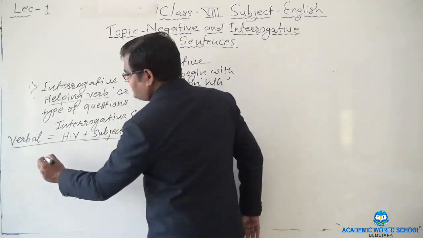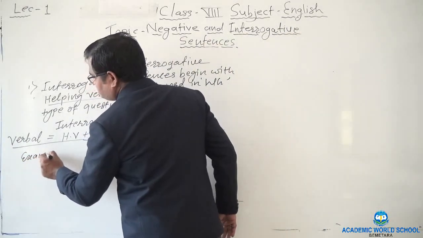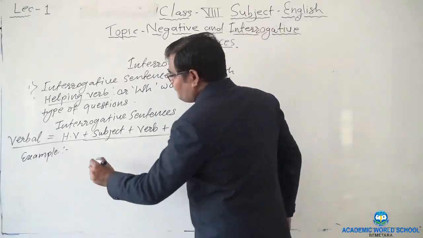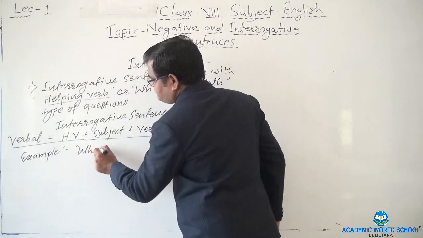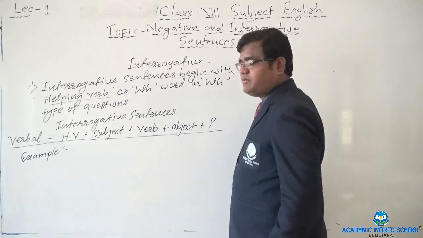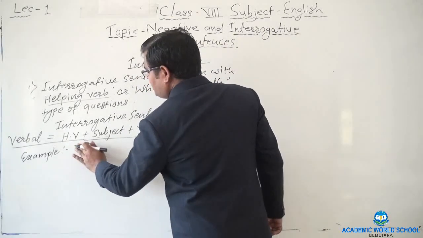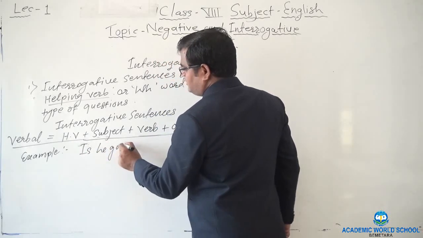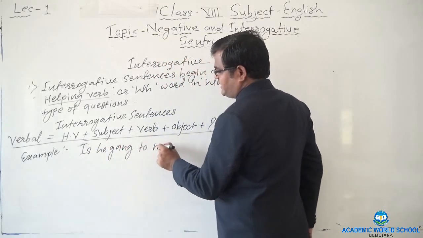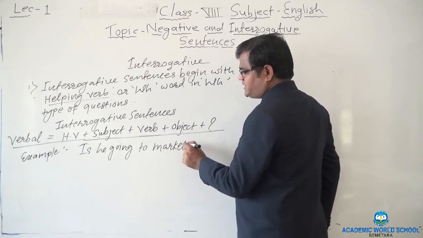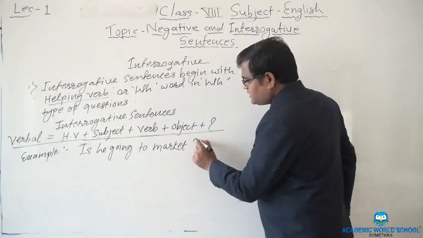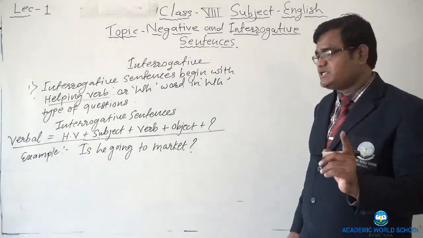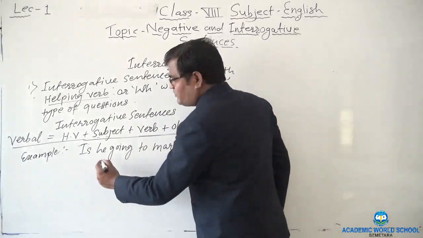Now let's write an example. We are making a yes/no type of question. Is he going to market? Is it the right question? Yes, it is absolutely right. Why? Because we are following the formula.